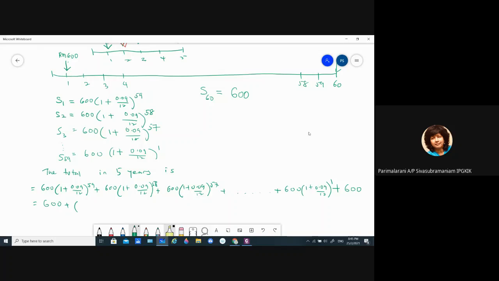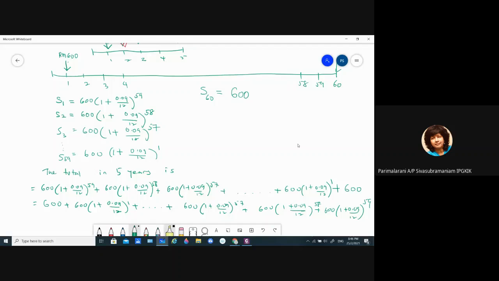Or we can write it in reverse, okay? 600 plus 600 into 1 plus 0.09 over 12 to the power of 1 plus, until 600 times 1 plus 0.09 over 12 to the power of 57.